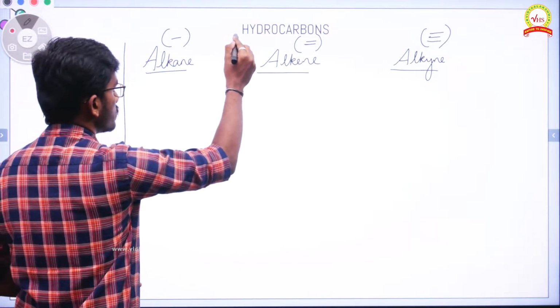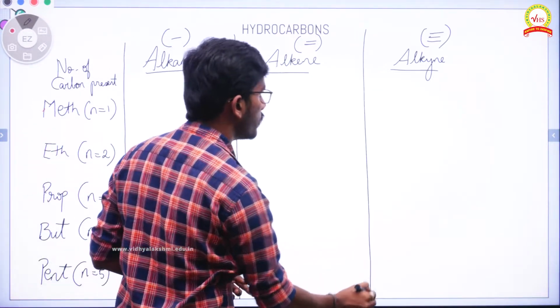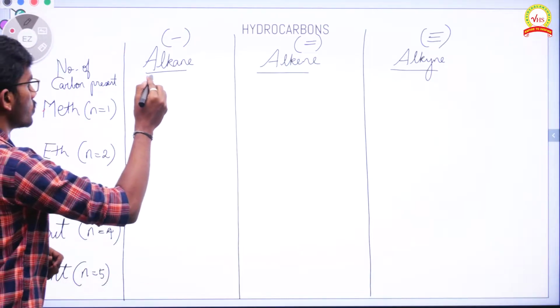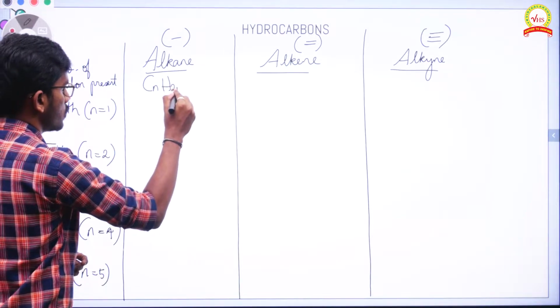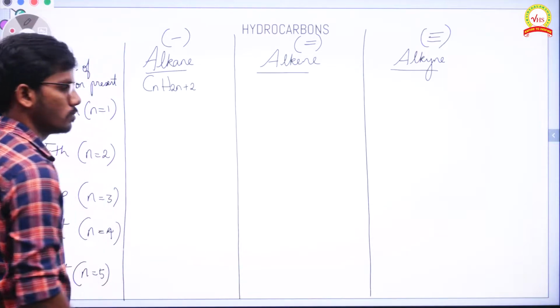So, each series has a separate formula to be followed. For the alkane series of compounds, the formula to be followed is CnH2n+2.